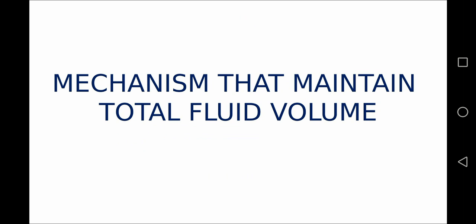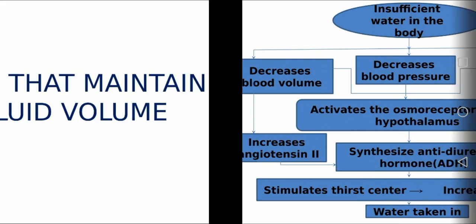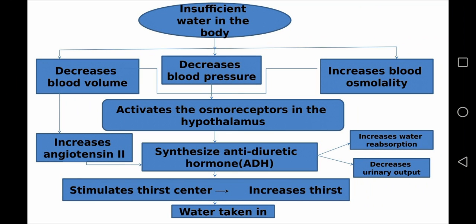In this mechanism for the regulation of water output, fluid is lost through the skin, lungs and gastrointestinal system, resulting in a decrease in the fluid level of the body. That will result in insufficient water in the body for normal function. This process will result in decreased blood volume, decreased blood pressure and increased blood osmolality.